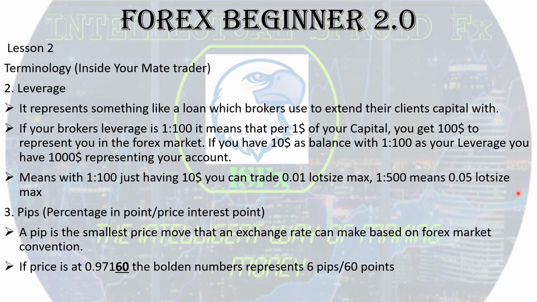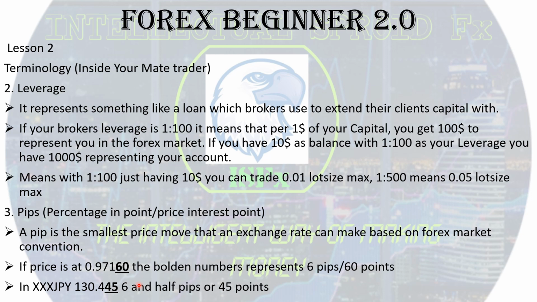You should get that. Also, the Japanese yen is a bit different from any other market, because the currency is way smaller in fact than most of the currencies in the market.